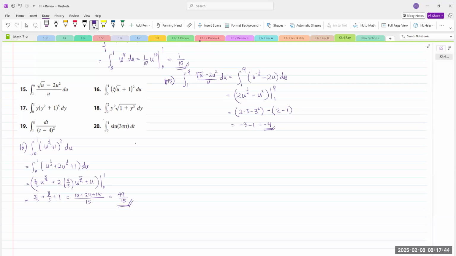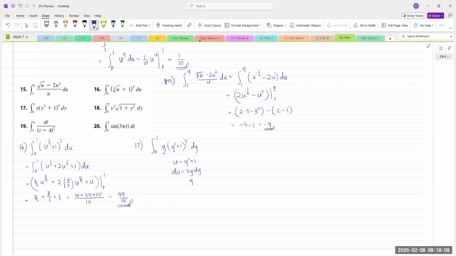Number 17, integral from 0 to 1 of y squared plus 1 to the 5th dy. Oh, I have y squared plus 1 under that exponent 5. I need to use u substitution. U equals y squared plus 1, so du equals 2y dy.